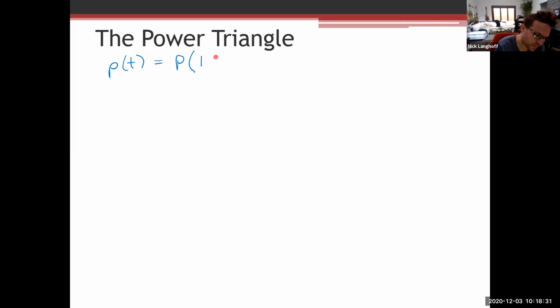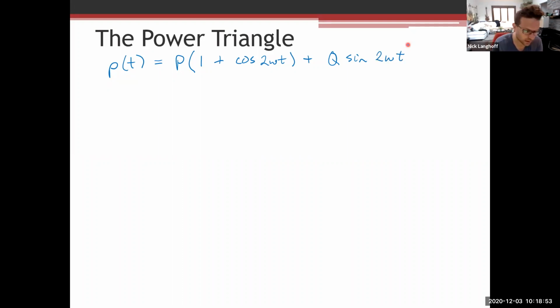So P times 1 plus the cosine of 2 omega t, plus Q, the reactive component, times the sine of 2 omega t.